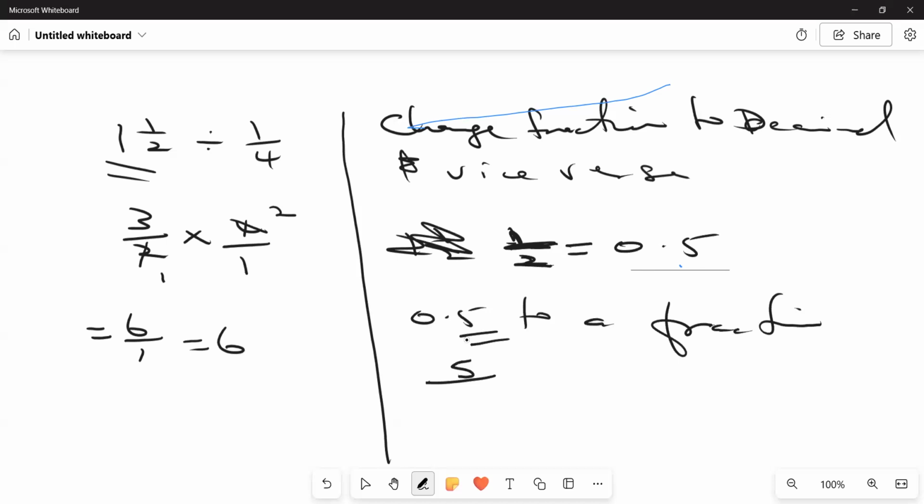You put a 1 for the decimal point, and each digit that is behind the decimal point, you put a 0 for. So 0.5 is the same as 5 over 10, and then you reduce that, 5 ones, 5 twos, and you get a half, right?